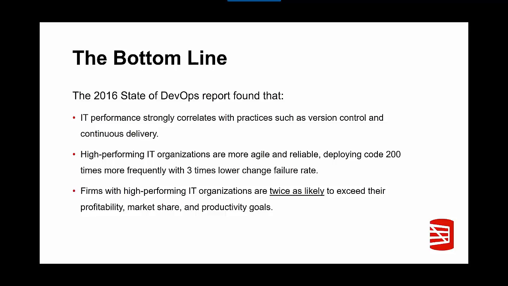High-performing IT organizations are more agile, and agile means faster, able to move quickly with the business in support of what they need. And so places that have these are able to deploy code faster and with a lower failure rate, which is great. And frankly, if you get better at IT, your business makes more money.